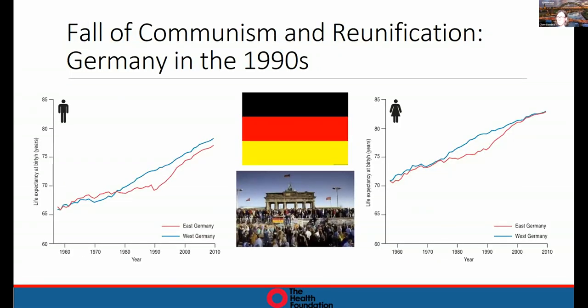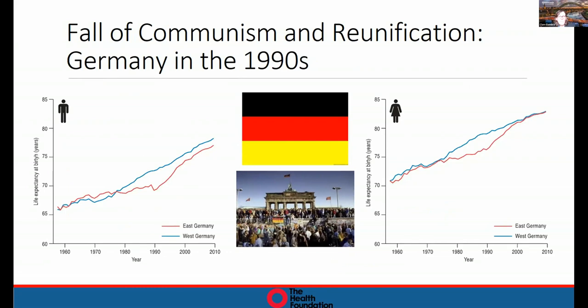The second example, which may perhaps be more relatable in terms of regional inequalities and the levelling up agenda, is what happened in Germany after reunification and the fall of the, we say the fall, maybe it's the resurrection now, but certainly the original fall of the Eastern Bloc.